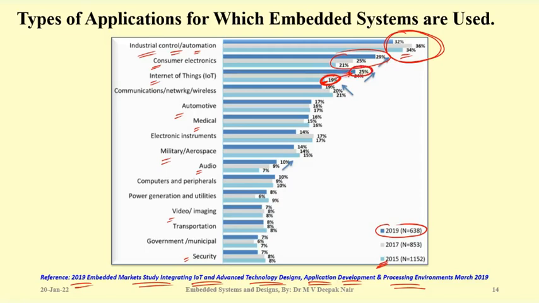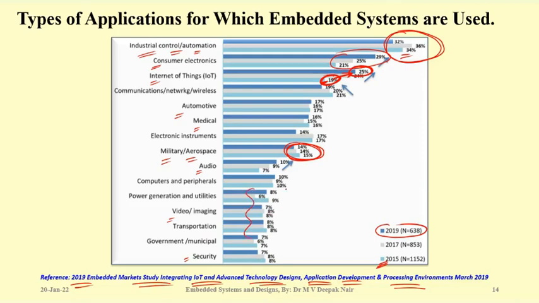So just see how much growth there is in this particular IoT market. Military and aerospace are almost constant. You cannot say they are decreasing, they are almost constant. Other than that, security, municipal and transportation are also almost constant.